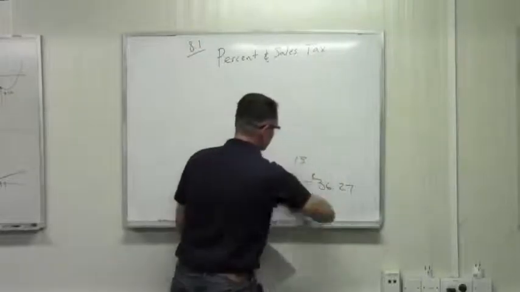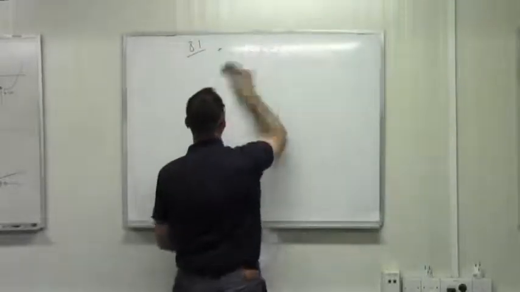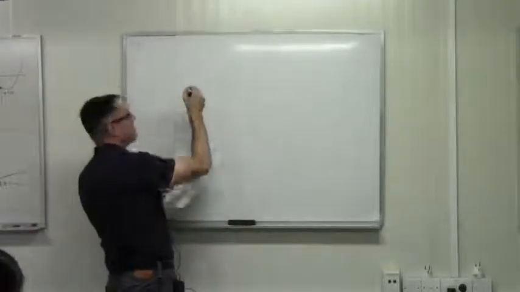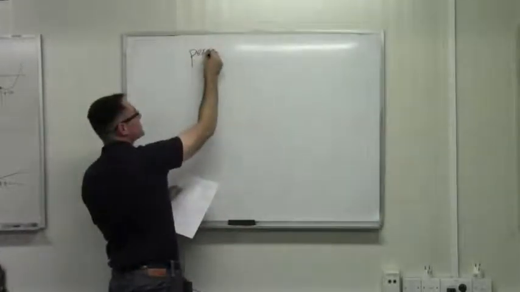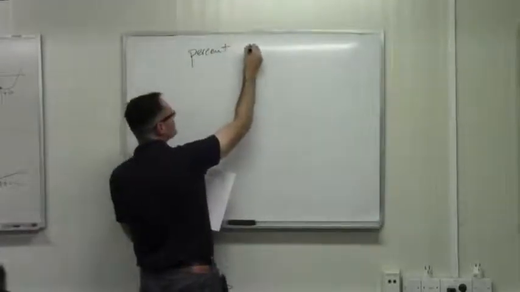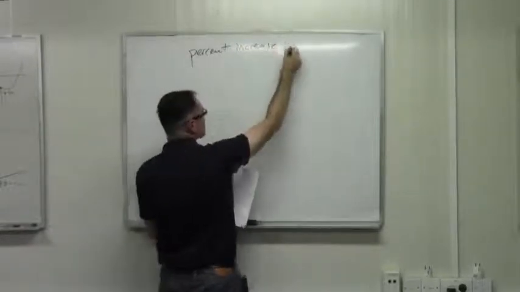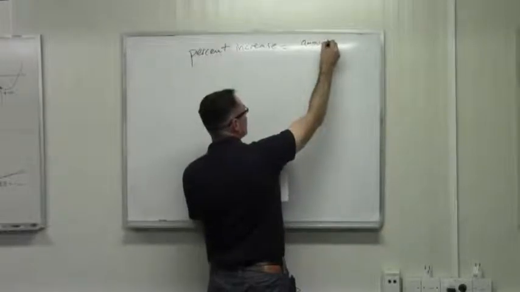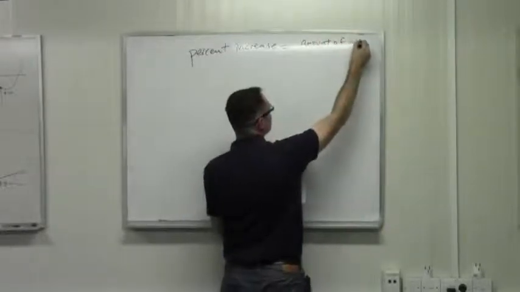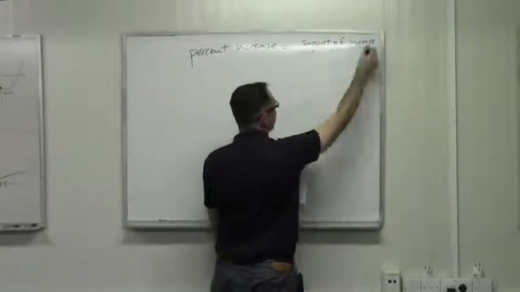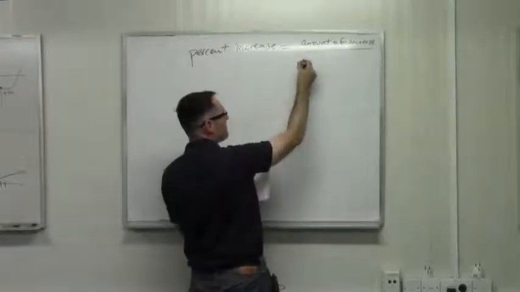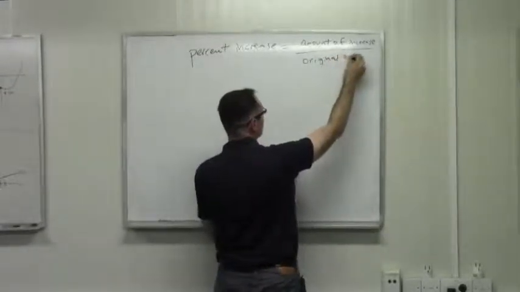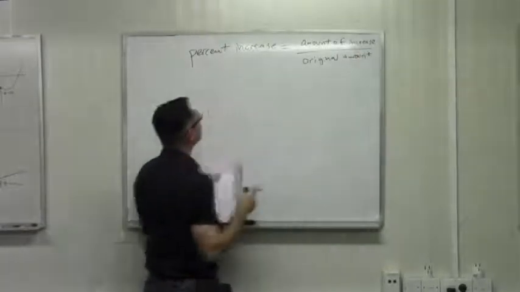Let's do this. All right. The percent increase equals the amount of increase divided by the original amount. Not so hard. The original amount.